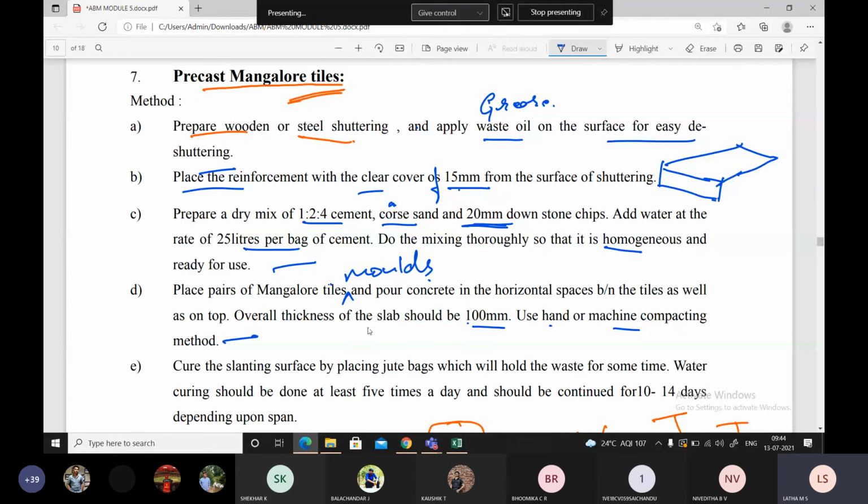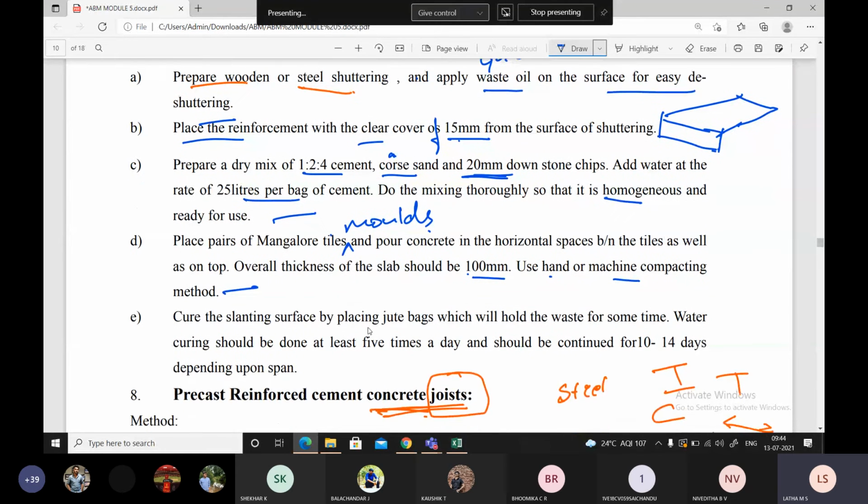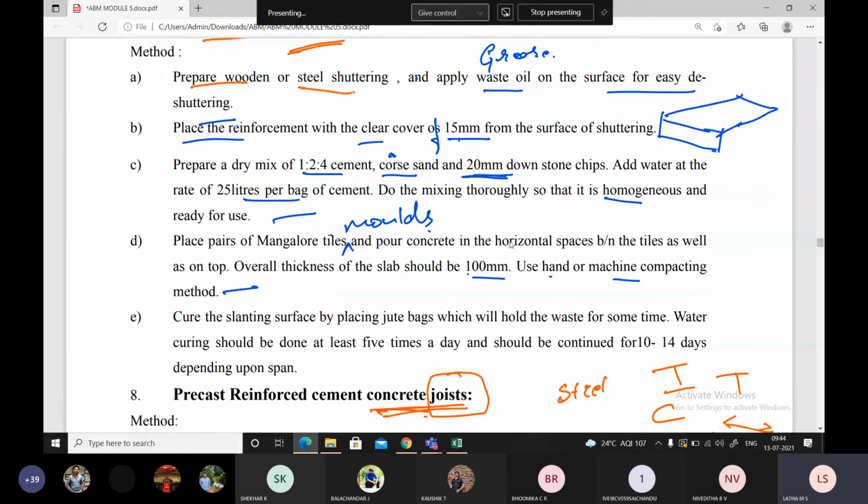Fine. Cure the slanting surface by placing jute bags, which will hold the water for some time. Water curing should be done at least 5 times a day and continued for 10 to 14 days, depending upon the span. You need not put it in a container of water. You have to adopt burlap curing.